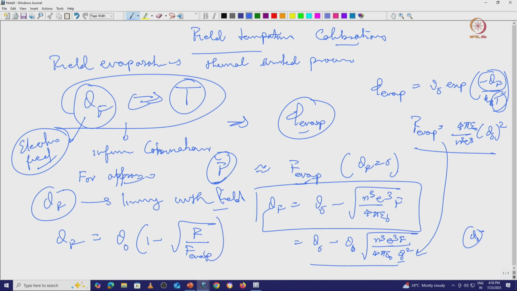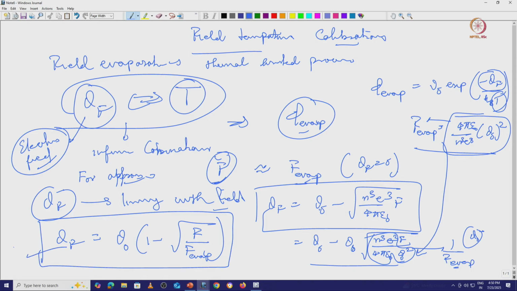Because you can write this particular expression as F times 1 by FEVAP. So you can see the energy barrier as a function of the electric field and also the evaporation field.